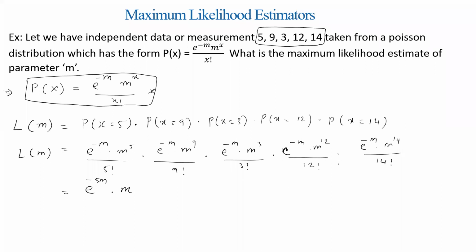So 5, 9, 3, 12, 14 will add up. When you add all this, you will get m power 43 whole divided by 5 factorial into 9 factorial into 3 factorial into 12 factorial into 14 factorial. So this is the likelihood expression or function we have got.